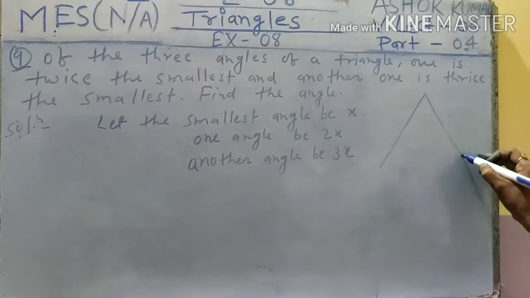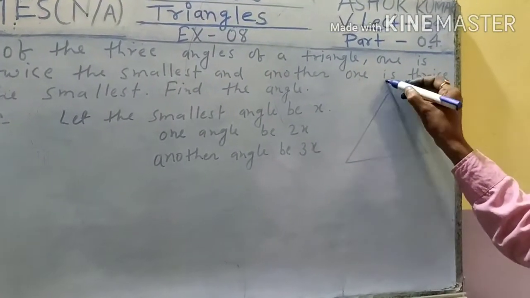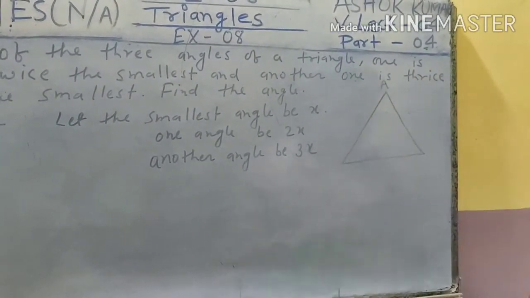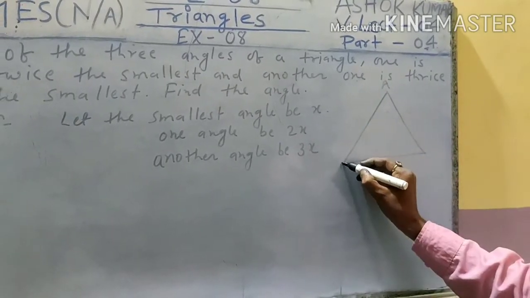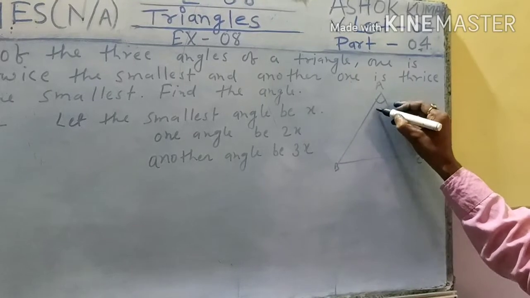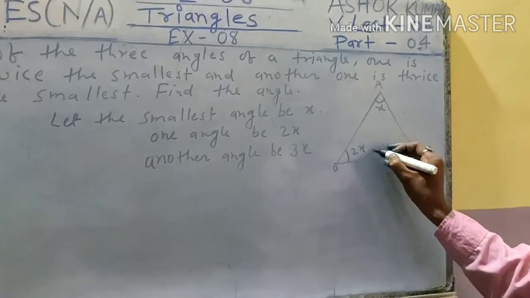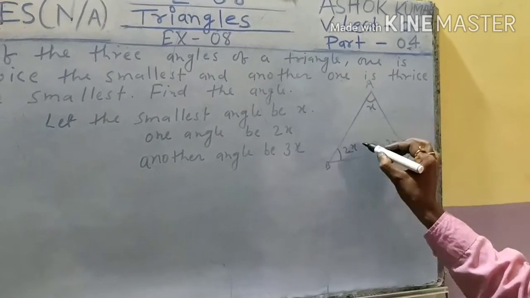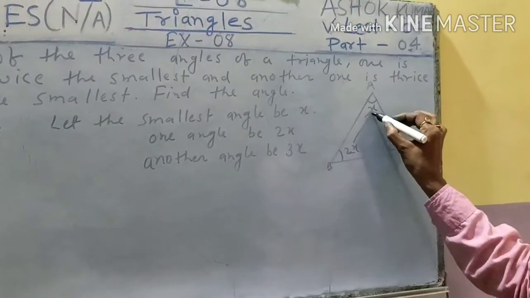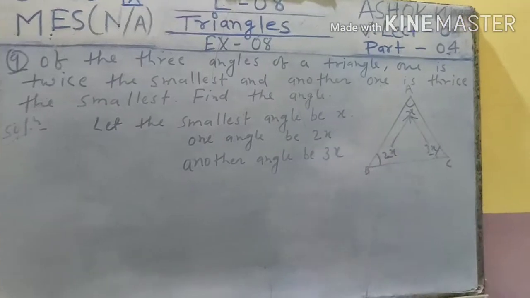In a diagram, student, take any one angle x, another angle is 2x and the other angle is 3x, because 2x and 3x is the relation with x, the smallest angle.